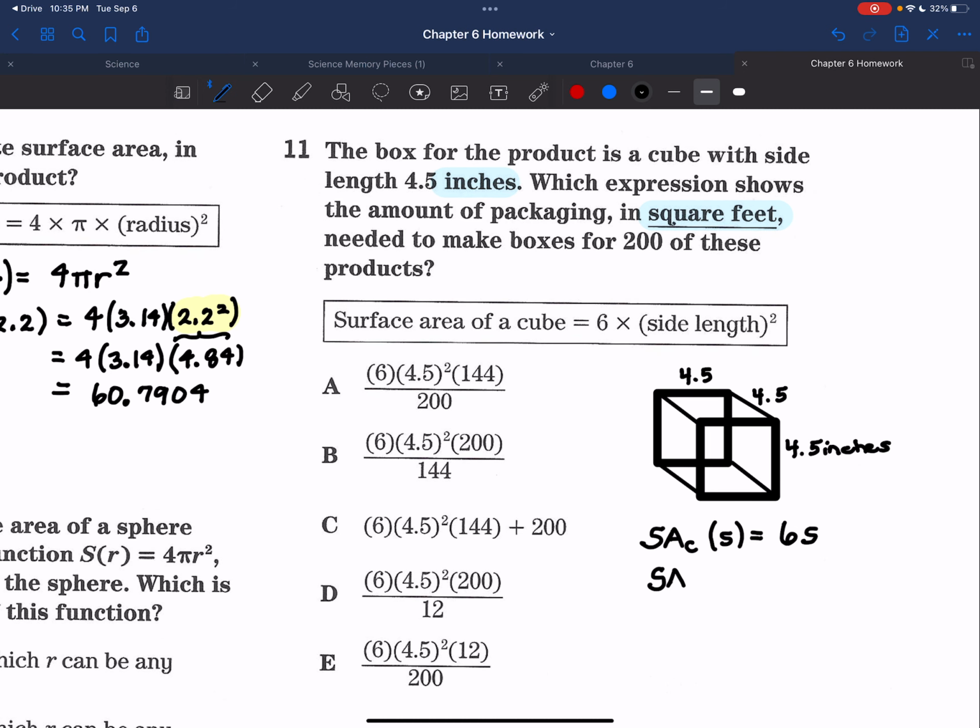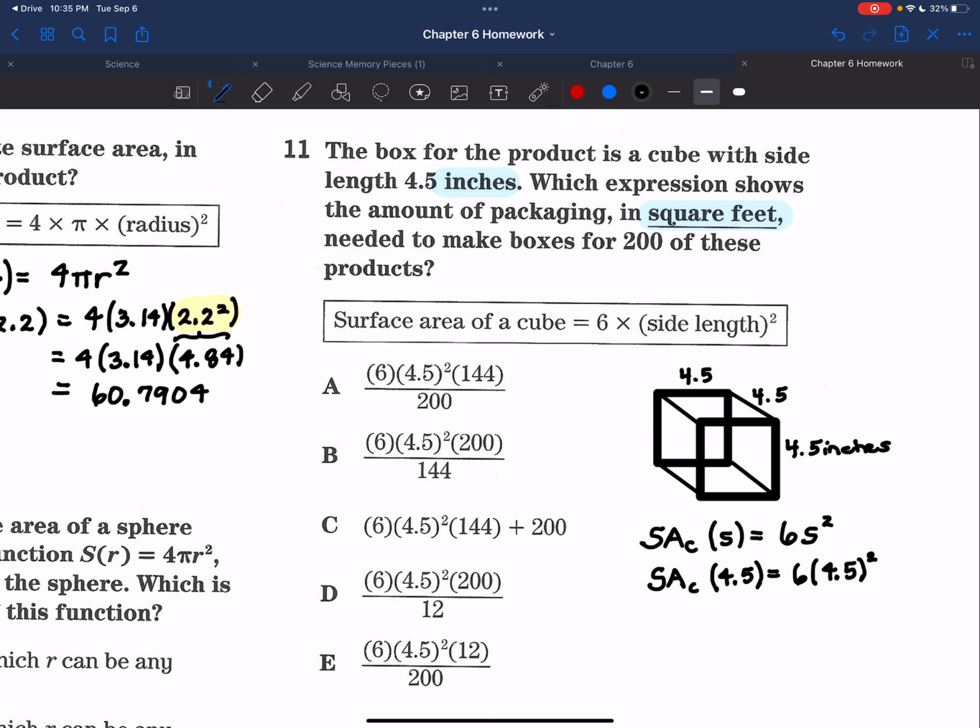So the surface area of a cube, when the side is 4.5, will be 6 times 4.5 to the second power. I lost my square. Okay. So we would find the surface area, but then we have to convert it to square feet because the answer, it wants to know square feet.